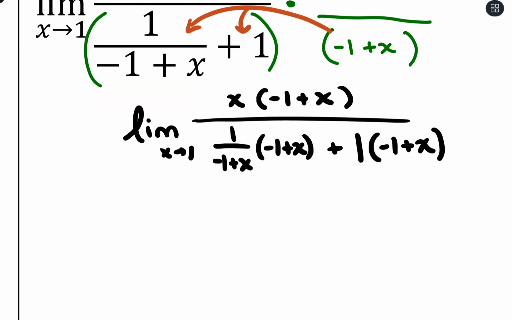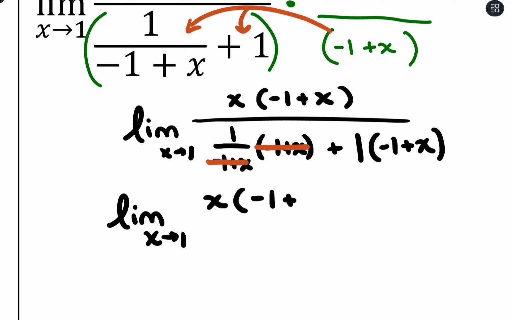So what that will do is we'll get a nice cancellation right there up in the numerator. And I'm debating, I'm going to go ahead and keep it factored just in case something else cancels out. So I'm going to keep that as x times -1 plus x, just in case something else comes up in the denominator as I'm simplifying. But we're going to have a 1 and then a -1 plus x.